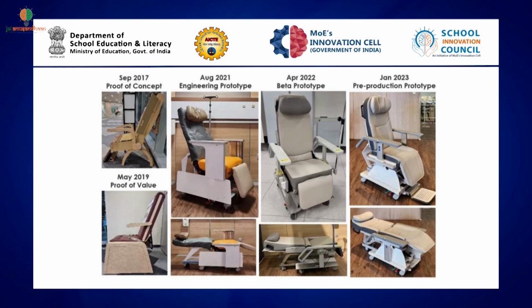And then a final product, for example, the fourth image in the top left is a prototype which is very close to the final model. Similarly, others have gone through similar journeys where they started with a proof of concept, where they built a medical kind of chair using cardboard, and then slowly with every step they evolved the prototype, added various engineering aspects, comfort related aspects, look and feel related aspects, arriving at the pre-production or almost final prototype.